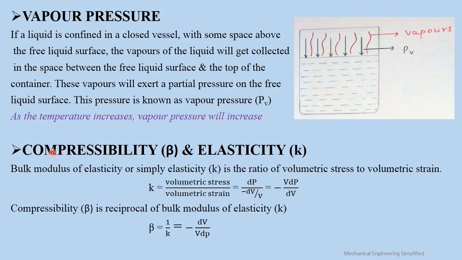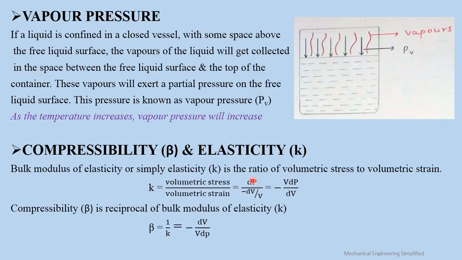Another property: compressibility, denoted by beta, and elasticity, denoted by K. This elasticity, also known as the bulk modulus of elasticity, denoted by K, is the ratio of volumetric stress to volumetric strain. Okay, this K is volumetric stress by volumetric strain.